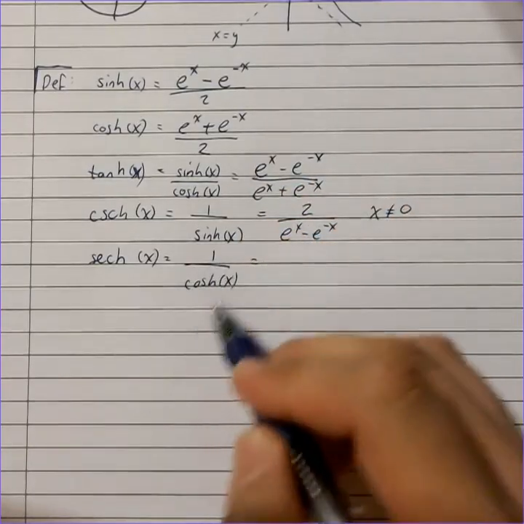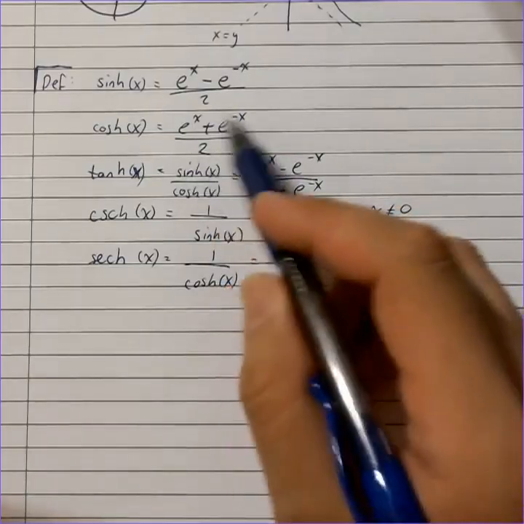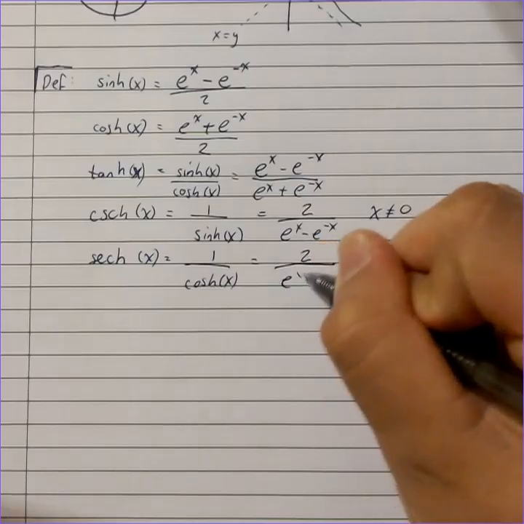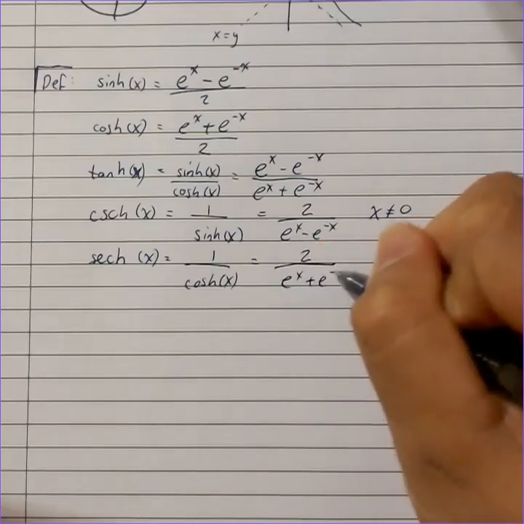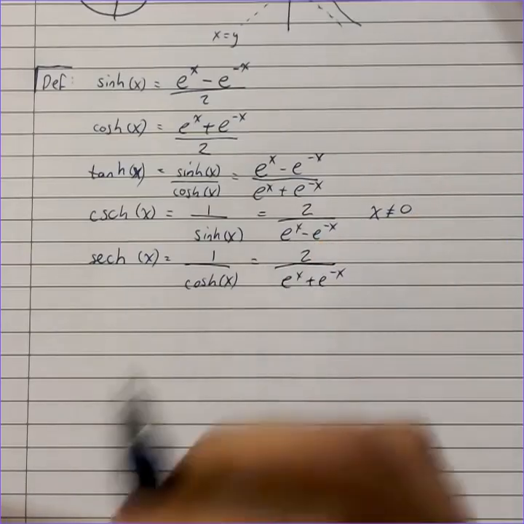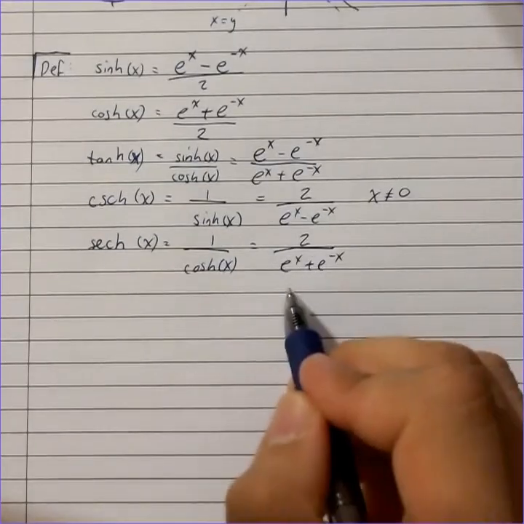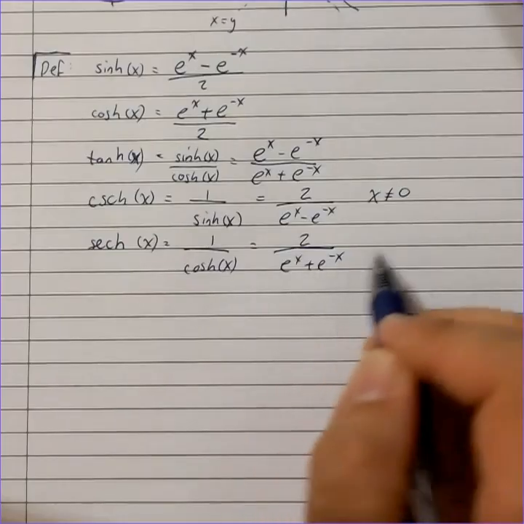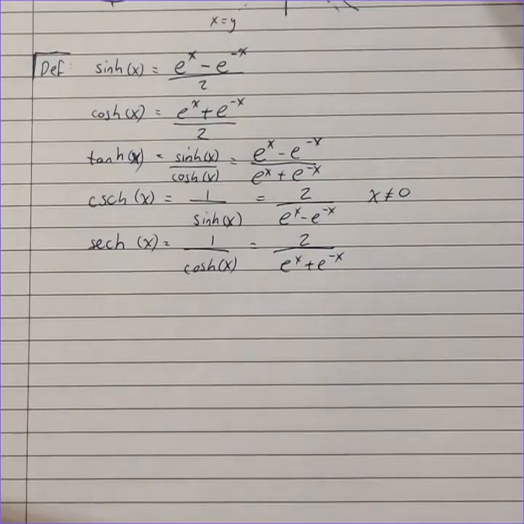And, of course, that's the way most people define it. However, if you want to, you can define it in terms of the exponential: 2 over e to the x plus e to the minus x, if you like. Here, if x is equal to 0, 1 plus 1 is not 0, so we're okay with that. Here, x can equal 0 if we like.